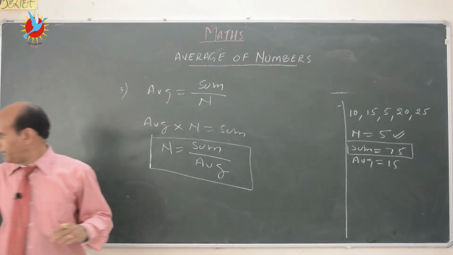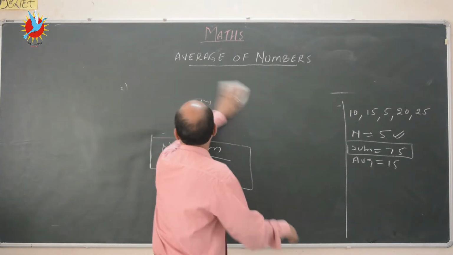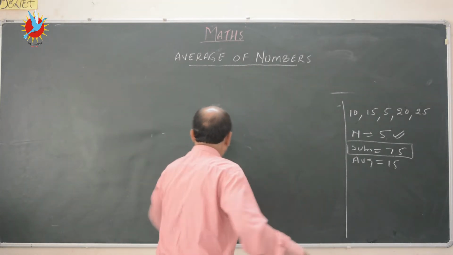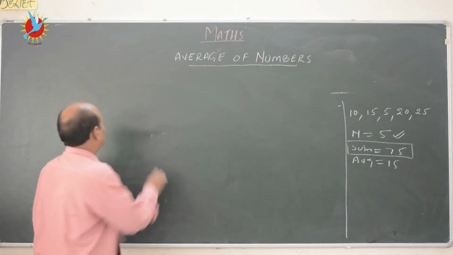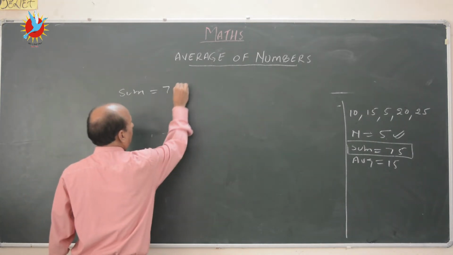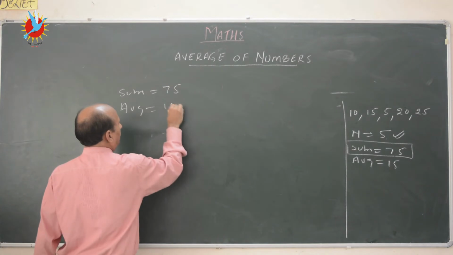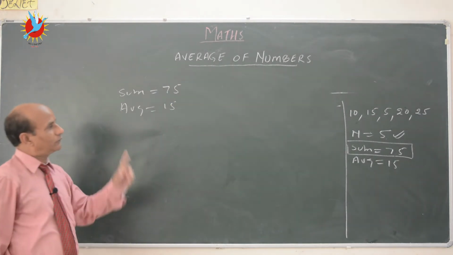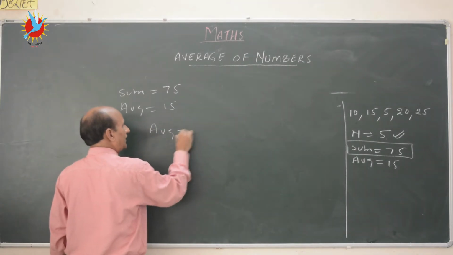So find the total number if the sum and average of numbers are given. Suppose sum is given and that is 75. Average is given and that is 15. What you have to find? You have to find the value of n. So if you remember the formula, then it's okay.